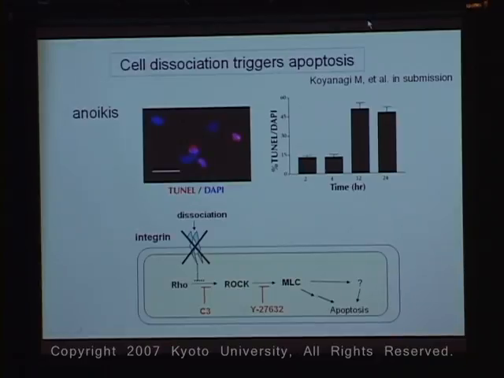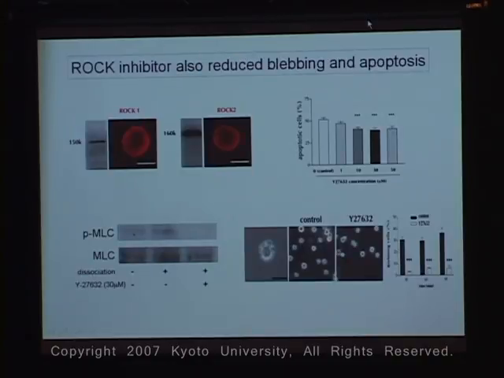Dissociation is reported to disrupt signals from integrin. So we checked the effect of cell dissociation on the Rho-ROCK pathway by modulating it with inhibitors. These are ES cell-derived neurospheres, and the cells express ROCK1 and ROCK2.